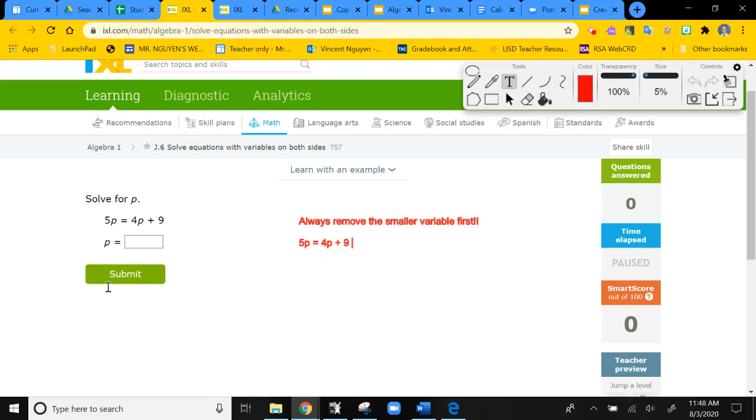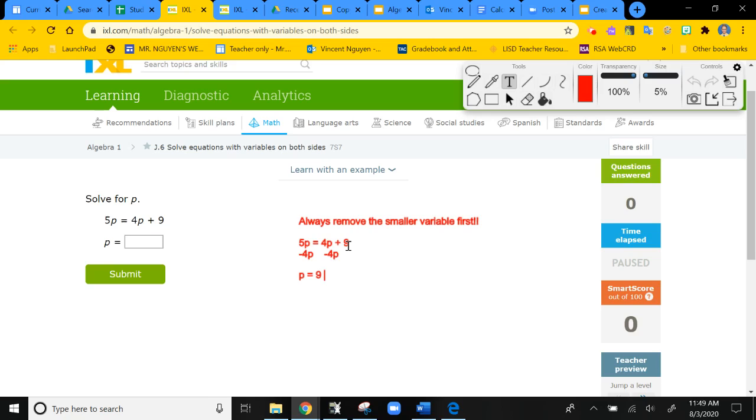Remember, when we're solving an equation, we're going to end up with positive p, right? So I'm going to remove the 4p. So I subtract 4p. That will give me 1p left. 5p take away 4p is 1p, equal. Well, on this side, the 4p is gone, so I have 9 left. So the answer is 9.